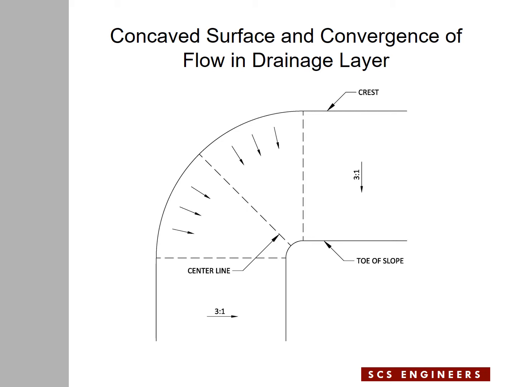The arrows indicate the flow in the composite. As you could envision, if the concave surface is covered with panels of geocomposite, there is an intersection between these panels, in a very ideal case along the center line of the concave surface, and the flow in the geocomposite can potentially cross from one panel into an adjacent panel and eventually get concentrated and converged toward the bottom of the slope.